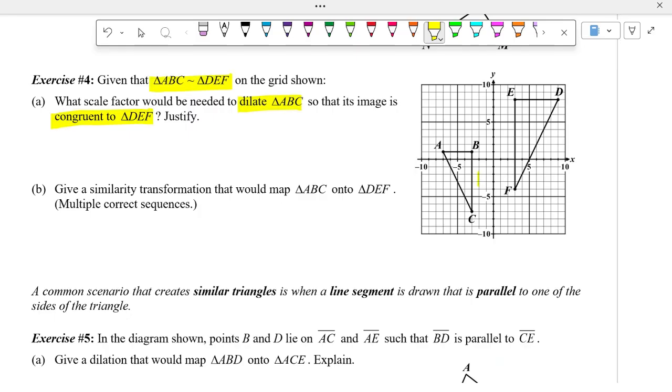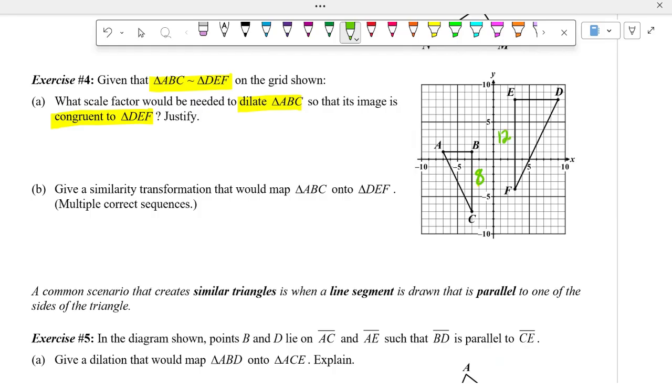So BC is 8 units long. EF, because it's the corresponding side, is 1, 2, 3, 4, 5, 6, 7, 8, 9, 10, 11, 12 units long.